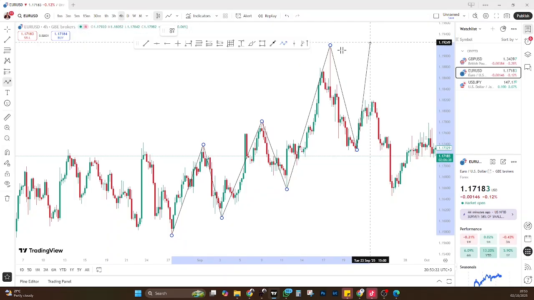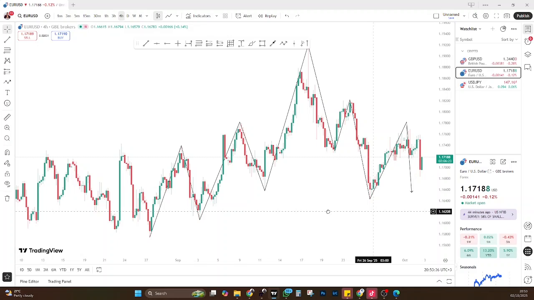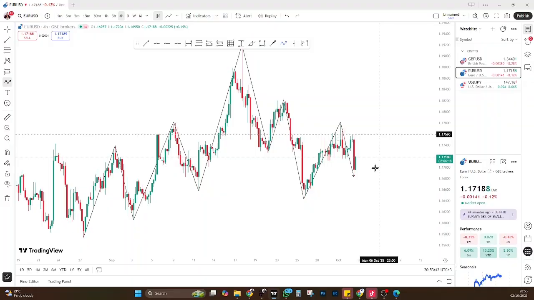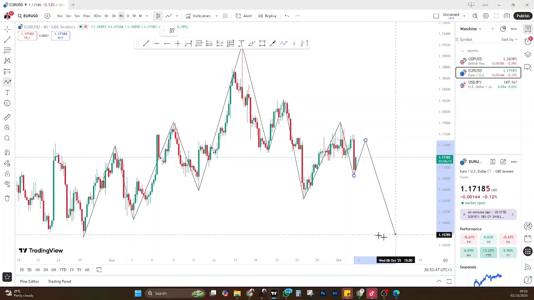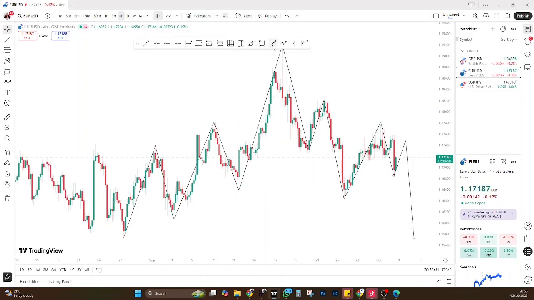We did not go past this. So what happened? The market changed from making higher highs to making a lower low, lower high, lower low, which is here, and now we are expecting this to make a lower high, lower low.